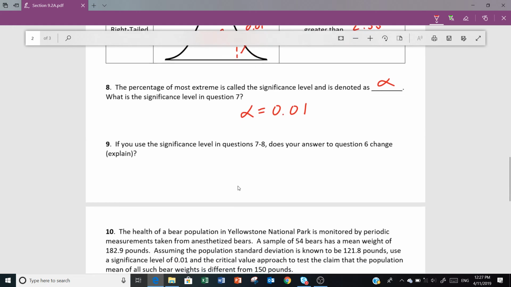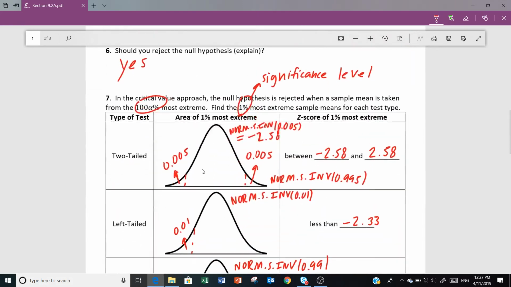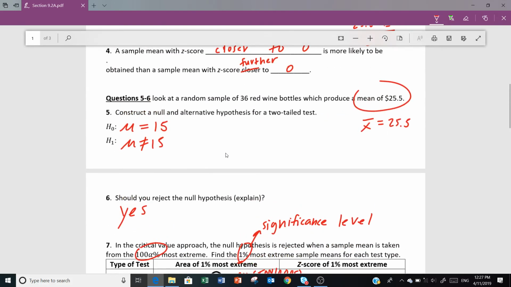Okay. Are we still going to reject this null hypothesis? Yes or no, and why? Remember the z value here was 3. So think, pair, share.